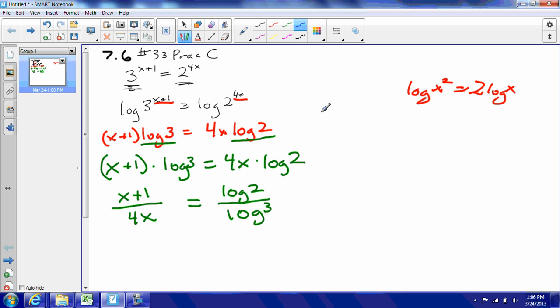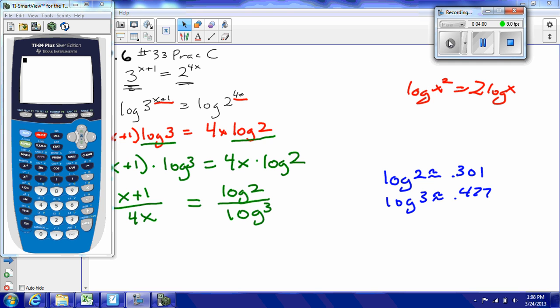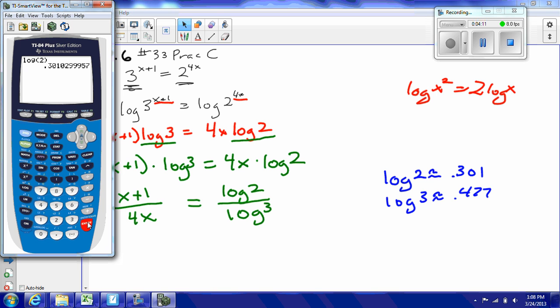I can tell you right now, I'm going to put it into my calculator. Log 2 is approximately equal to 0.301. And log 3 is approximately equal to 0.477. Let me show you how I did that. I just called up my calculator, and so I have log 2, 0.301.